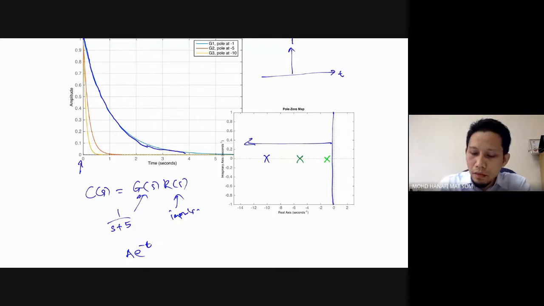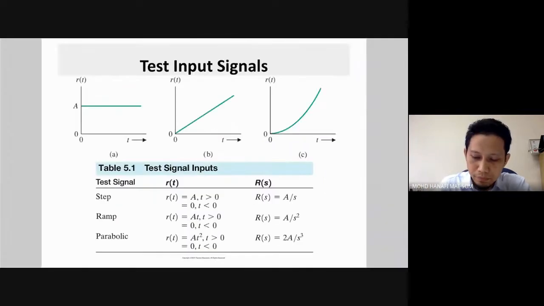Okay. All right. Next. So I gave you last time test signals for the input signal, the step function, the impulse function. Basically, we have test input signals, and what I want to stress in this lecture is that there are three types of test input signals that are important for you to understand.